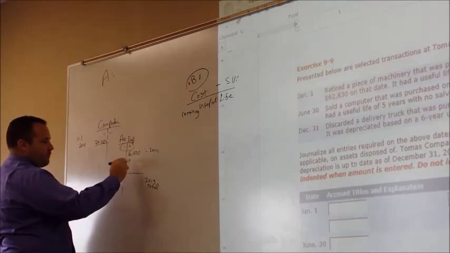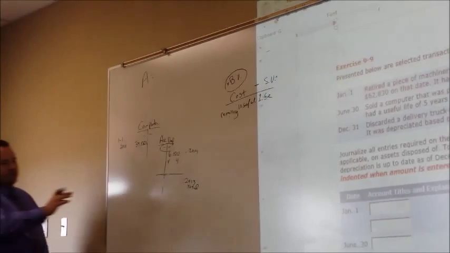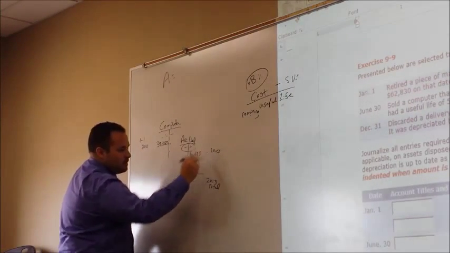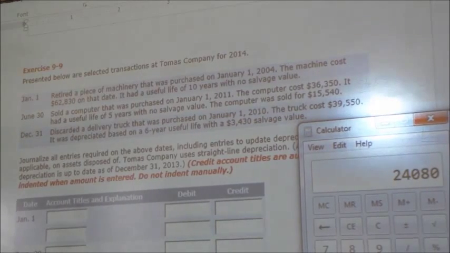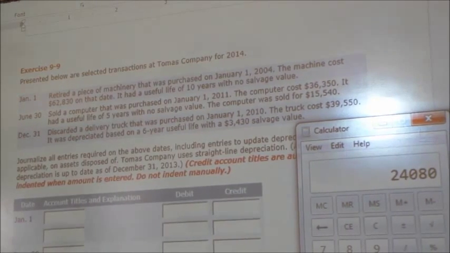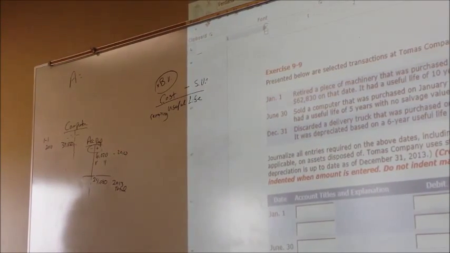And I'm going to do that for 4 years total, 2010. So 6,020 times 4 total years, $24,080 is where I was at as of last year.